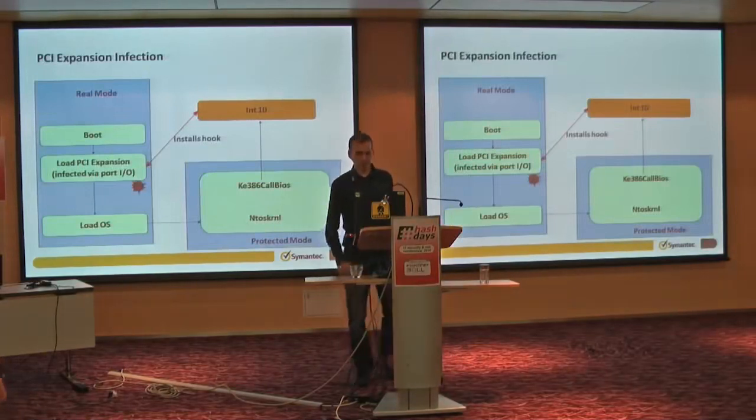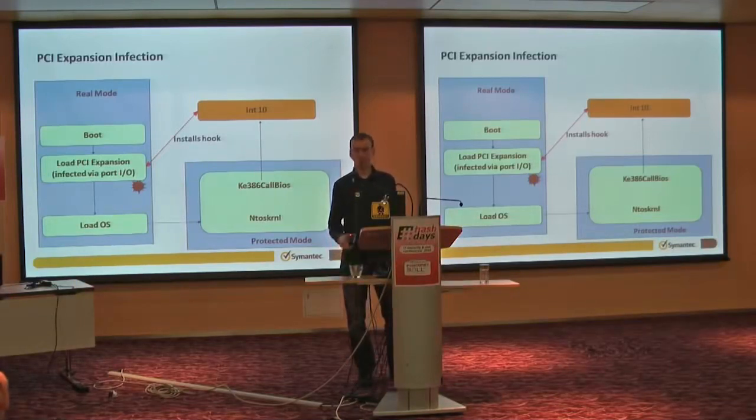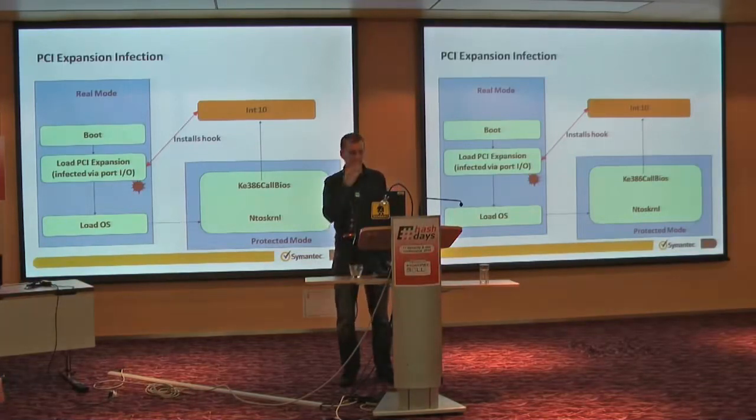We're also moving out again from the CPU, and we have seen attacks on PCI expansion cards, expansion memory. Newer PCI cards have expansion memory that can be flashed to load additional updates or initialization code. A malicious rootkit could use this flashing feature to flash its own code into the expansion block of a PCI card.